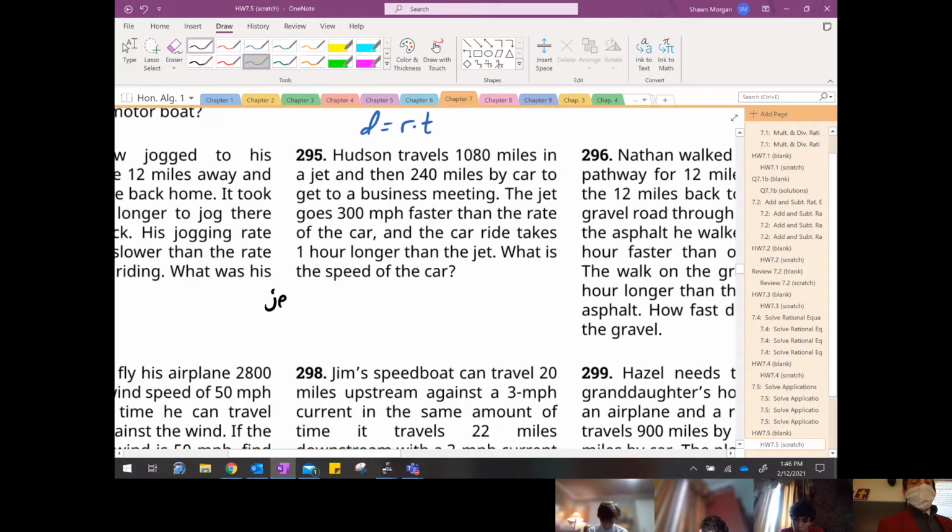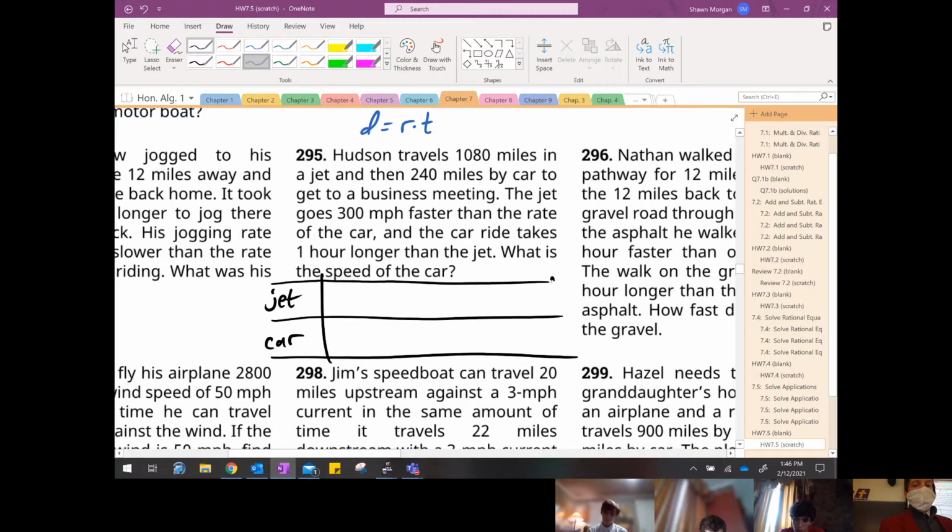We've got the jet, and we've got the car. And we've got rate, time, and distance. Okay, you don't have to use a chart, but again, if you're struggling, they're going to use one. All right, now it says about the jet, it's 300 faster than the rate of the car.